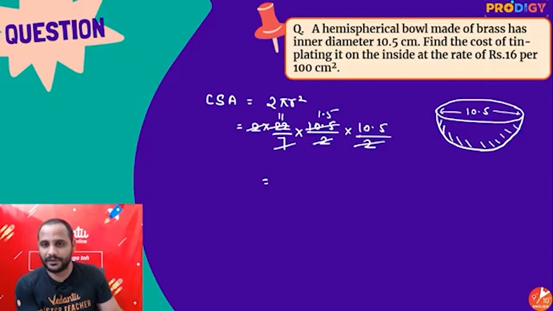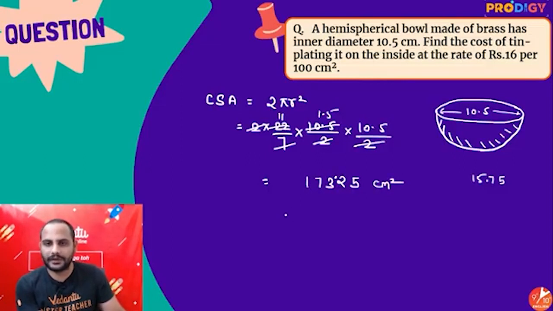If you multiply, 15 5s are 75, and 15.75 it will be. Multiply it with 11. So there is going to be 173.25 centimeter square.